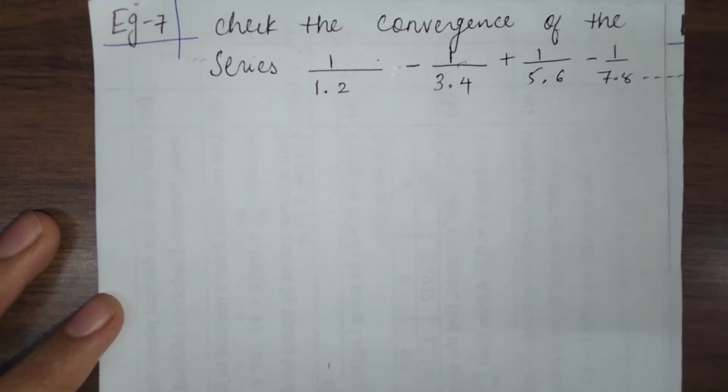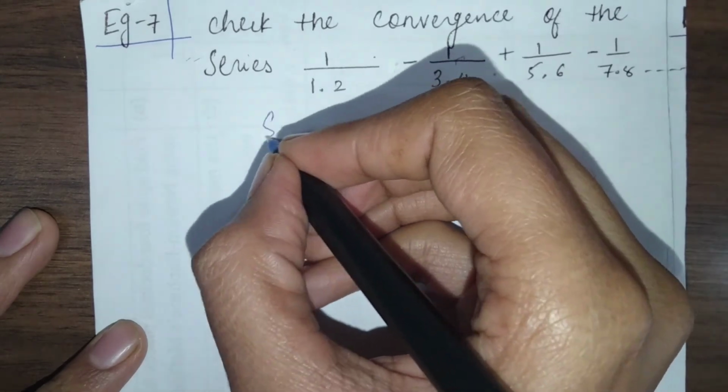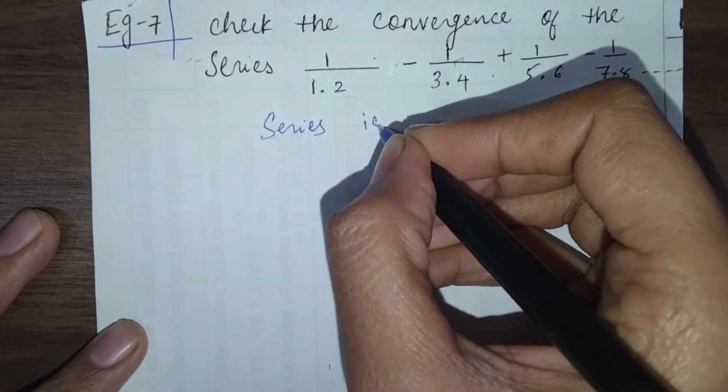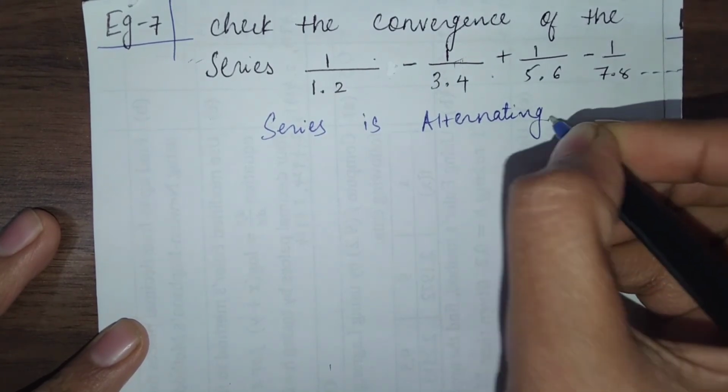So example 7. Check the convergence of the series 1 by 1 into 2 minus 1 by 3 into 4 plus 1 by 5 into 6 minus 1 by 7 into 8 and so on. So again the given series is alternating. Then you have to write the form of the series.